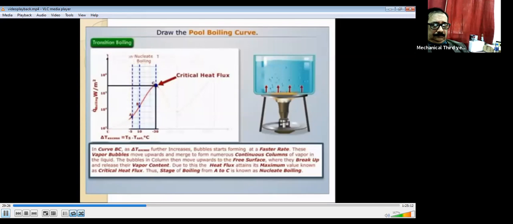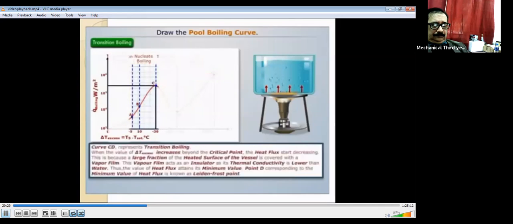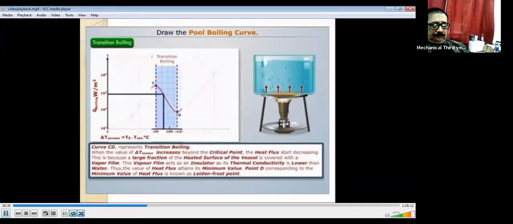Curve C represents transition boiling. As delta T excess increases beyond the critical point, we see that the heat flux starts decreasing. This is because a large fraction of the heated surface of the vessel is covered with a vapor film.